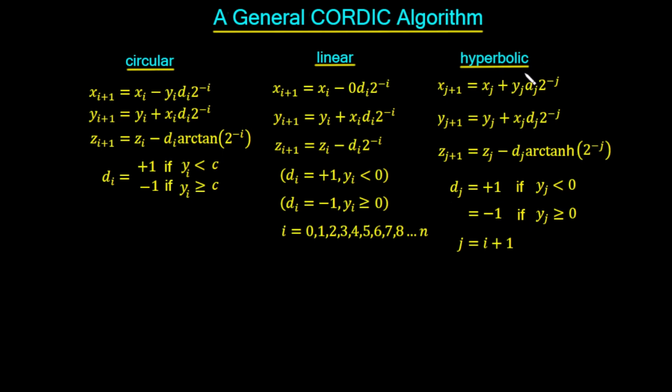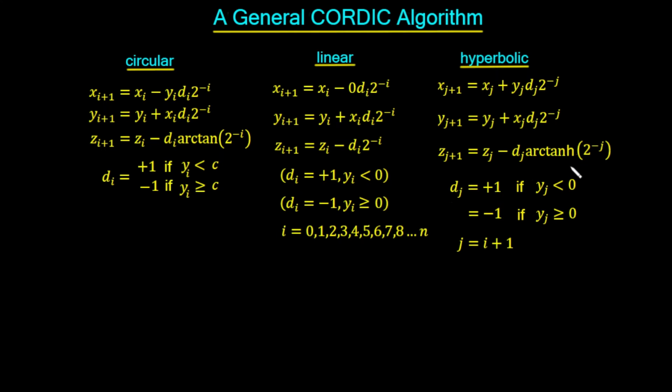Now don't worry too much about this, we'll see it on the next page when we write down the final algorithm. Another thing to note here is that we have different values for our functions. We have our function here for circular, which is arctan 2 to the minus i. We have our linear term, which is 2 to the minus i, and we have hyperbolic, which is arctan 2 to the minus j.